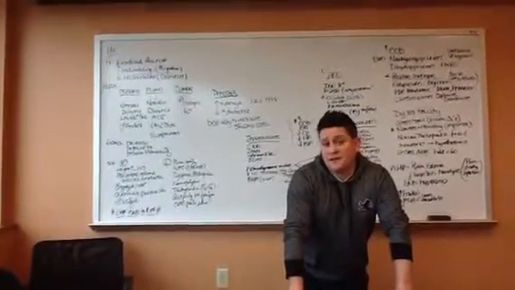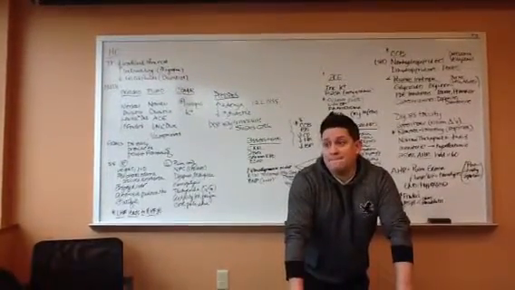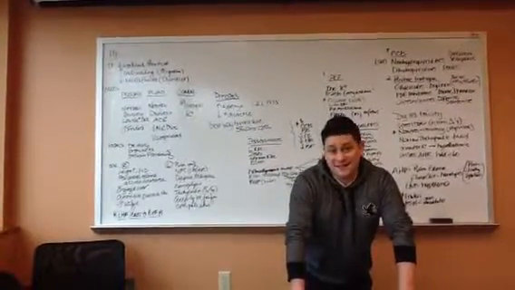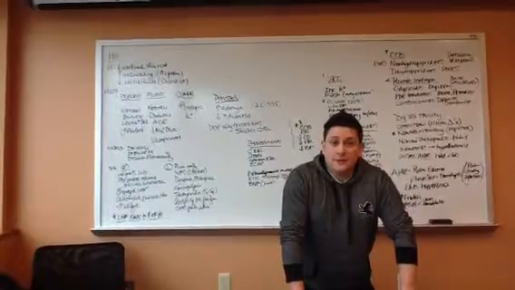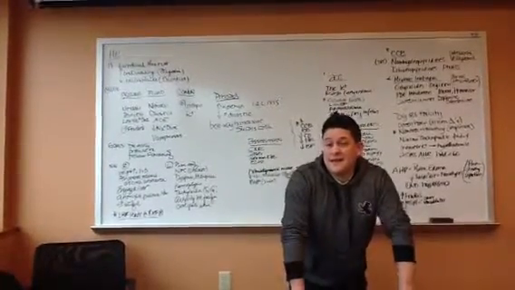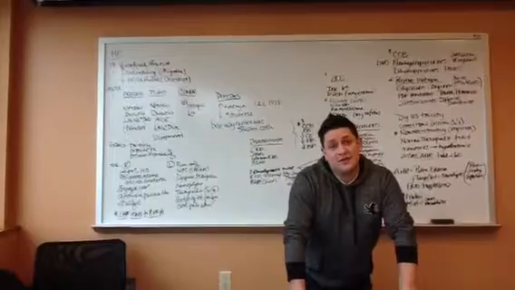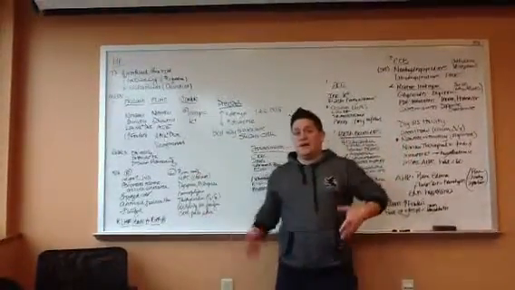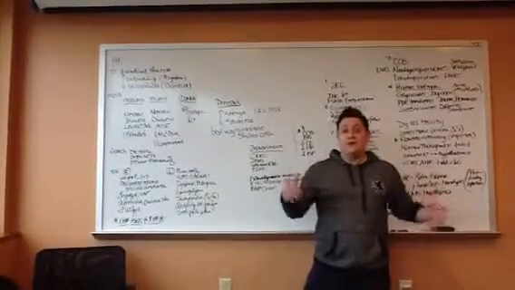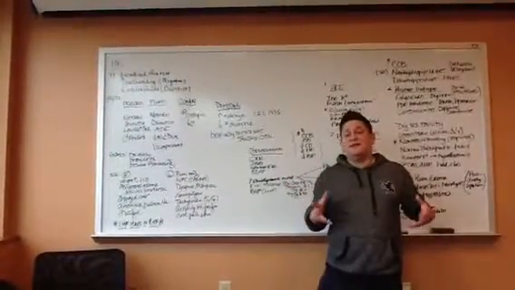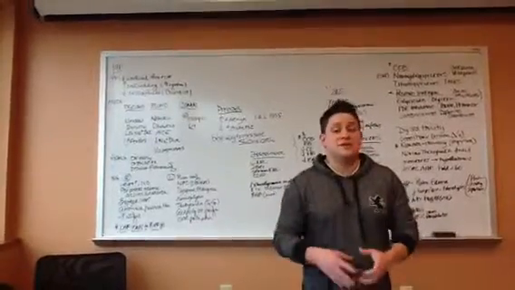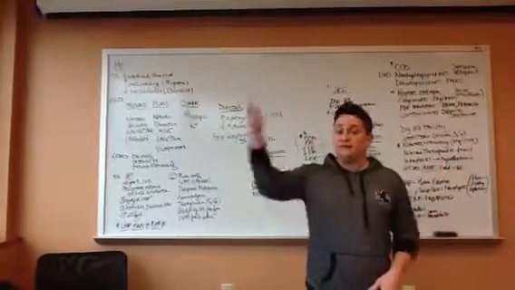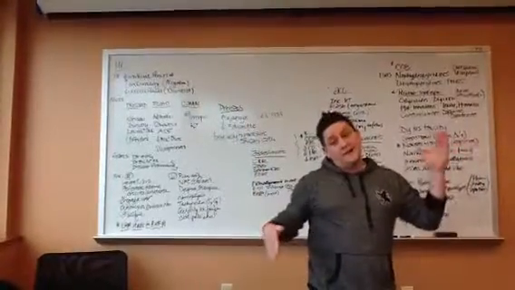Preload, as we have studied, is the amount of blood in the ventricles at end diastole, and afterload is the amount of resistance that those ventricles are going to meet when they're pushing out into your body, predominantly the aorta. That's how much force it's going to need to contract. And then your contractility is basically the heart's ability to forcefully eject blood both into systemic circulation and pulmonic circulation.